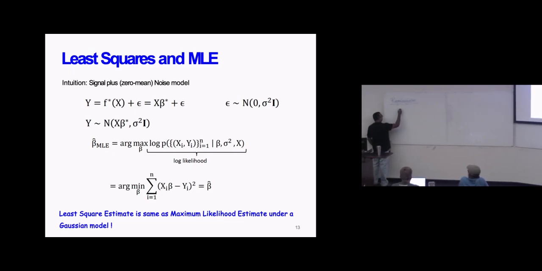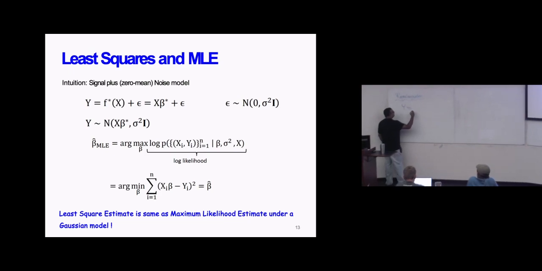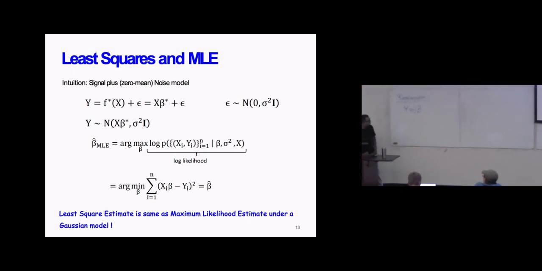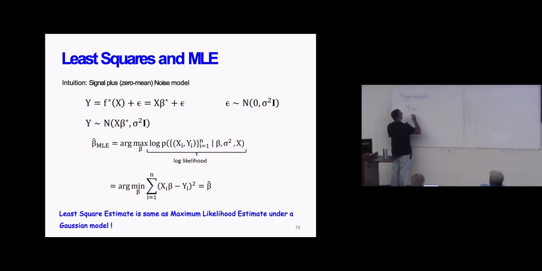Think about this problem again. Now we have learned how to find a beta that can do this transformation. How to find a beta that can transform x to y, right?